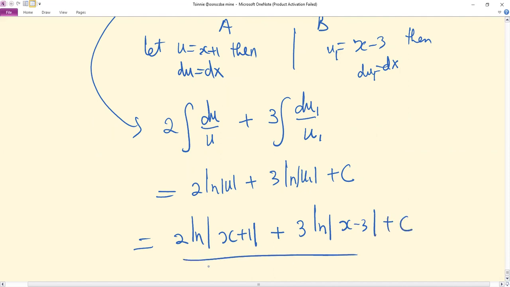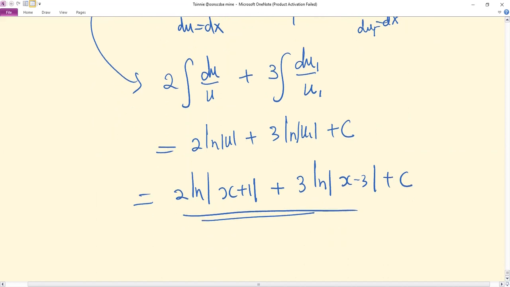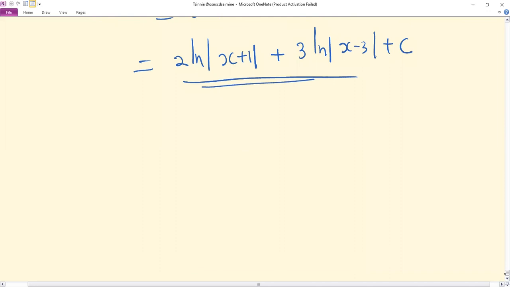So it makes the integration process much easier than when the rational function has not been broken into partial fractions.